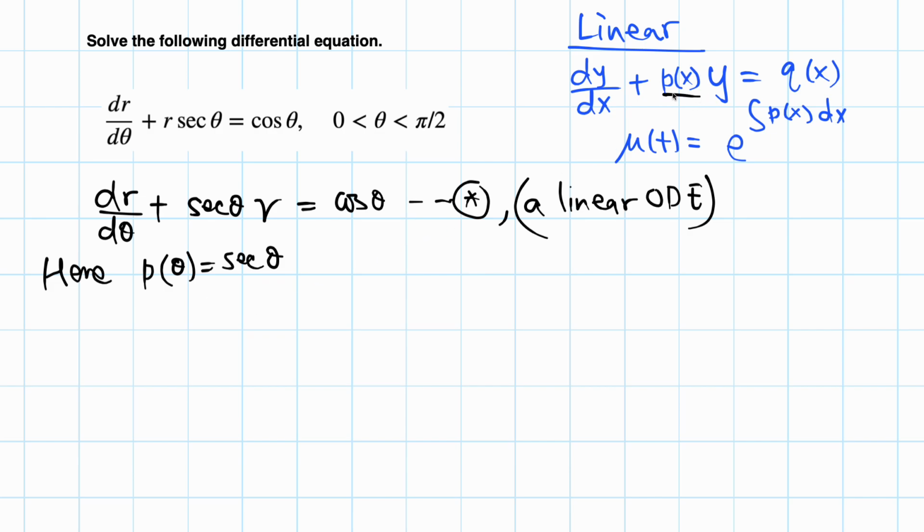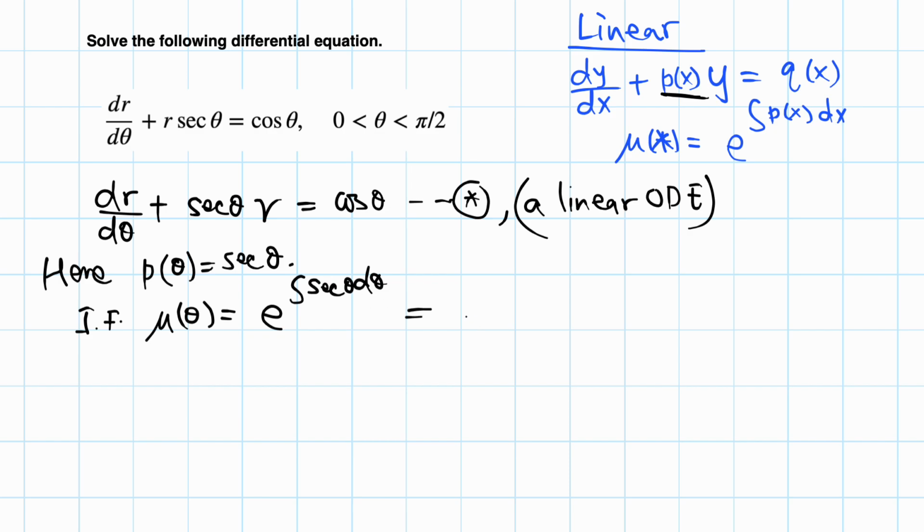Then we can find the integrating factor, because this is linear. The integrating factor is mu of x, but we had mu of x earlier, not t, my bad. In this case mu of theta is e raised to the integral of secant theta d theta.